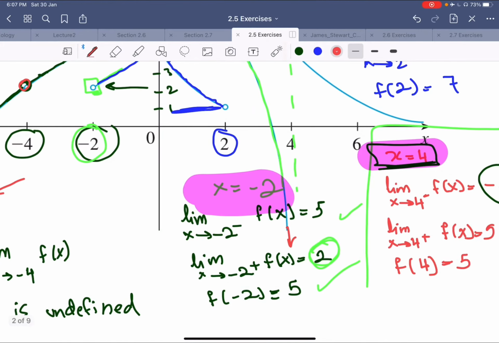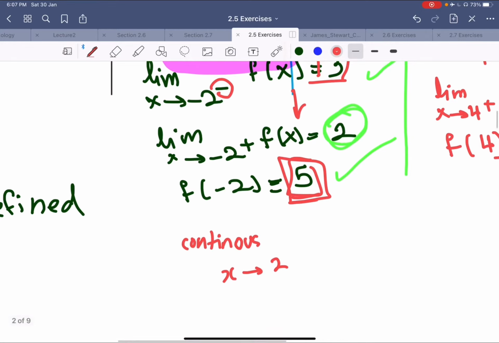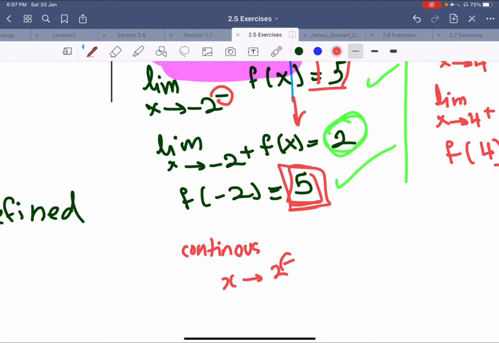Coming to negative 2, we noticed we have 5 here and 5 here. The image is 5. The limit from the left is 5. So we say it's continuous when x approaches negative 2 from the left side.